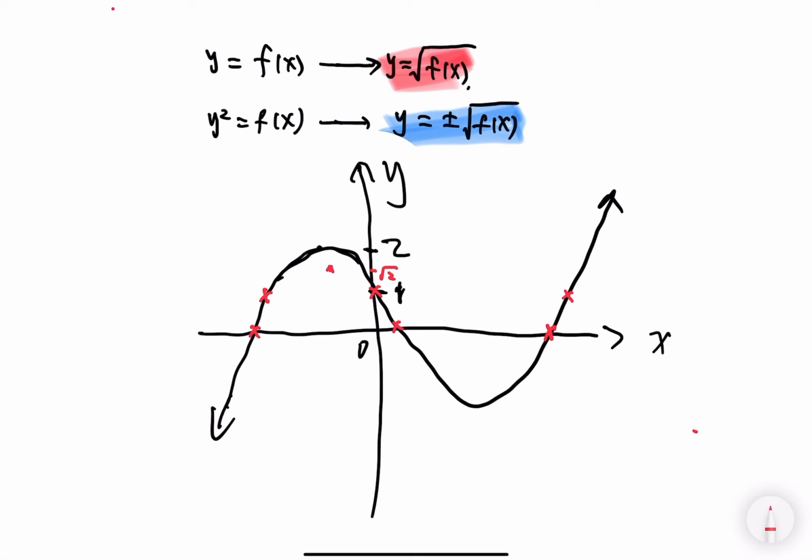Another rule is any number less than 1, when you square root it, gets even bigger than the original number. So when you square root a number between 0 and 1, the square root will be above the original curve, because it's bigger than the original number.